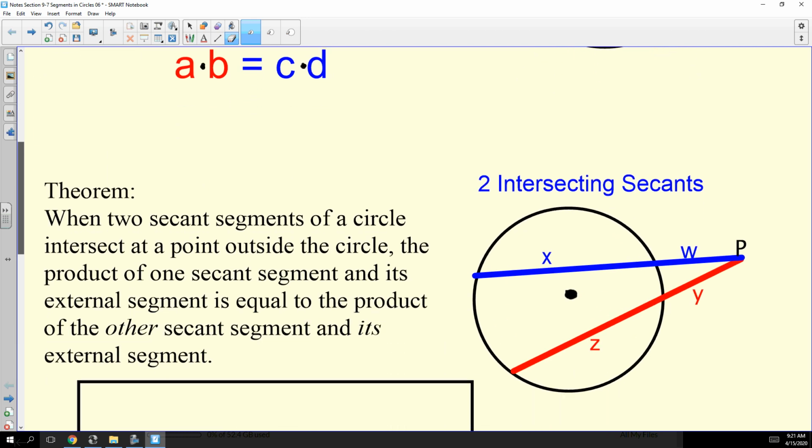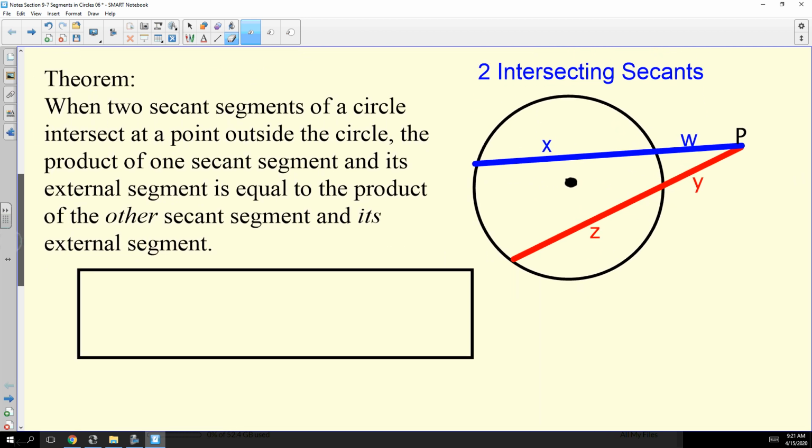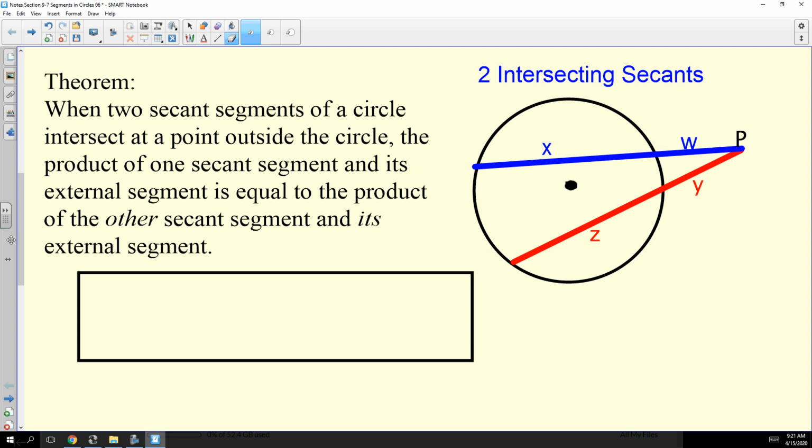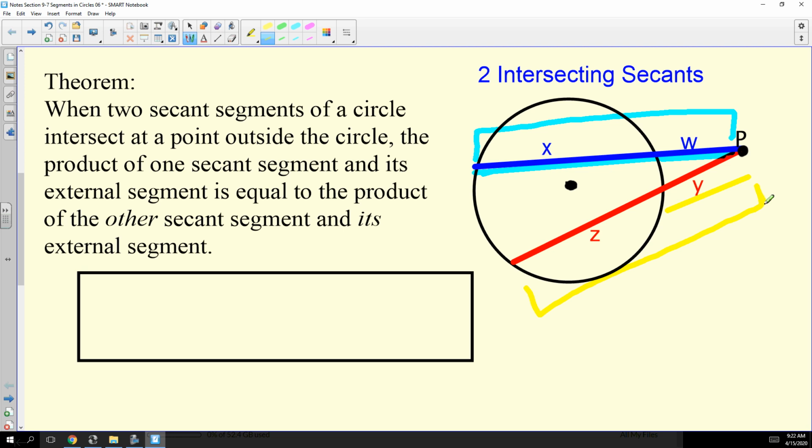And then we're going to talk about another theorem where you have two intersecting secants. When two secant segments of a circle intersect at a point outside the circle, and that point outside the circle would be point P in this case, then the external piece of one segment, and we're going to say that's W, times the whole entire secant segment, which would be x plus w, not x times w, is going to be equal to the external piece of the other secant segment times the whole entire secant segment right here.